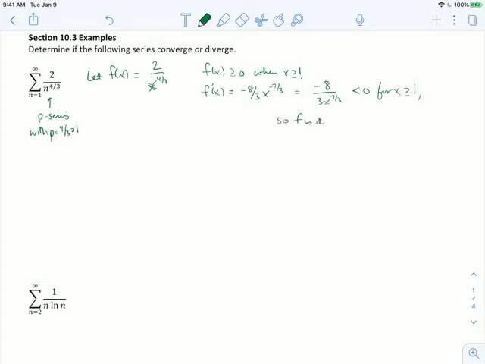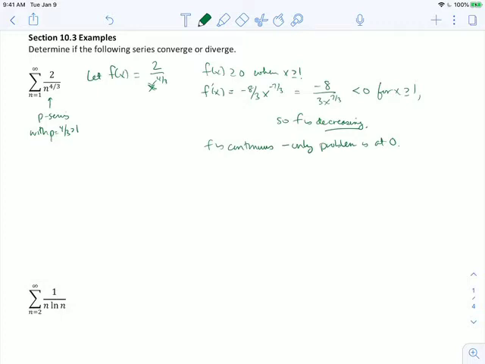So f is decreasing. And it's continuous. The only hole in the domain is at 0. And we're excluding that point from our consideration here.